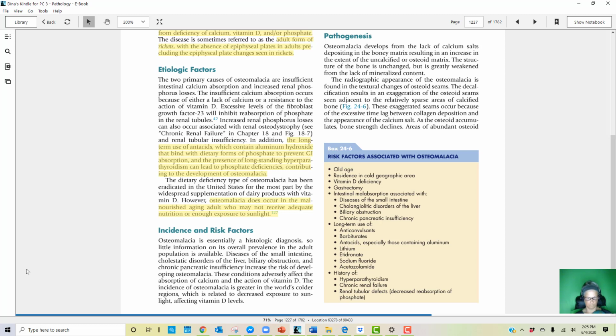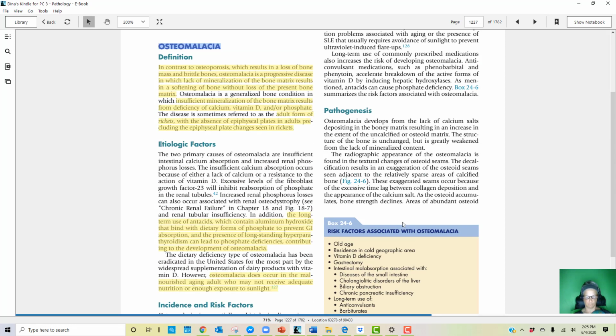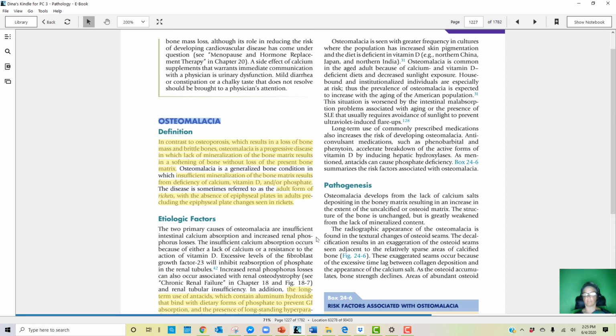These conditions adversely affect the absorption of calcium and the action of vitamin D. The incidence of osteomalacia is greater in the world's colder regions, which is related to decreased exposure to sunlight, affecting vitamin D levels. Osteomalacia is seen with greater frequency in cultures where the population has increased skin pigmentation and the diet is deficient in vitamin D. For example, northern China, Japan, and northern India.